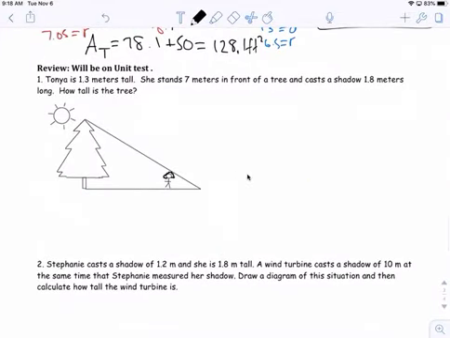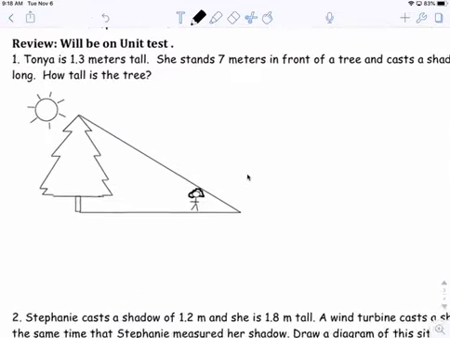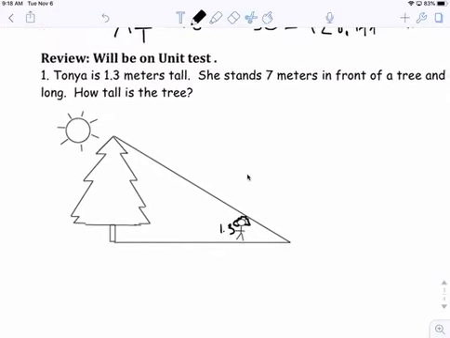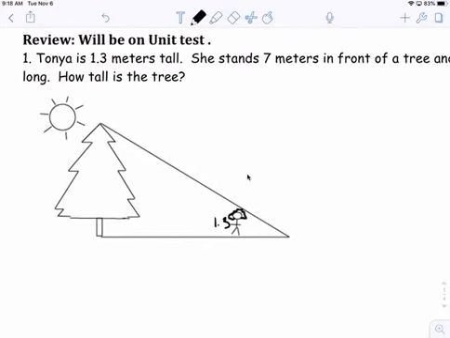Okay, here we go. Tanya is 1.3 feet tall. So here's Tanya. She stands 6 meters in front of the tree. Here to here is 7 meters.